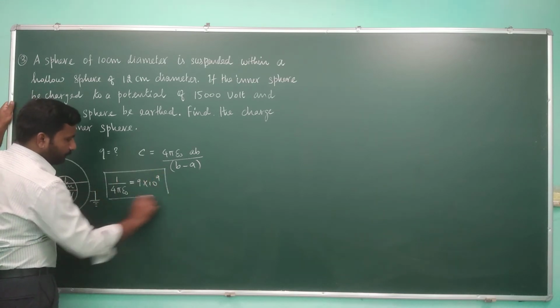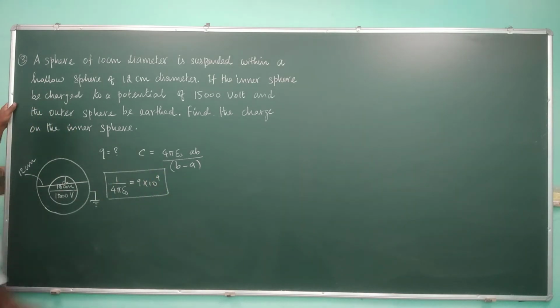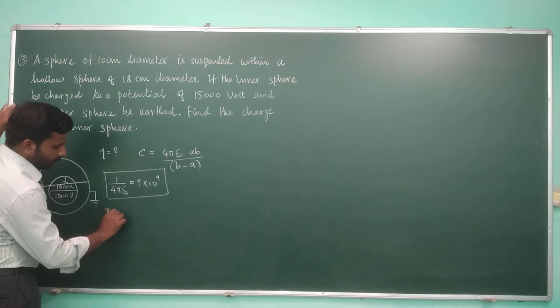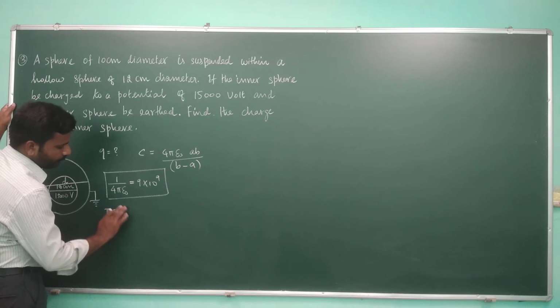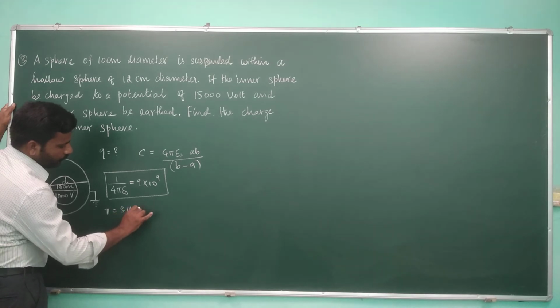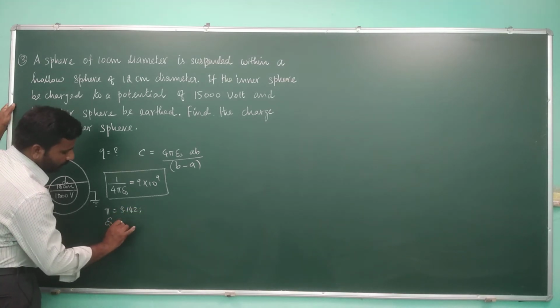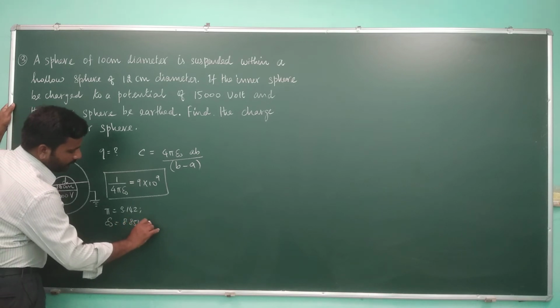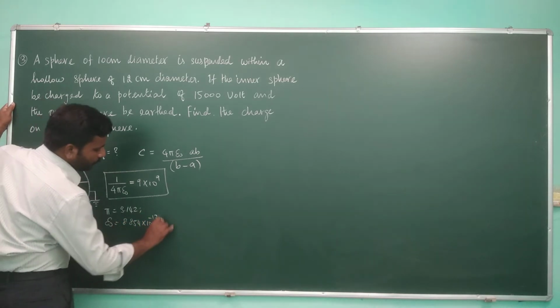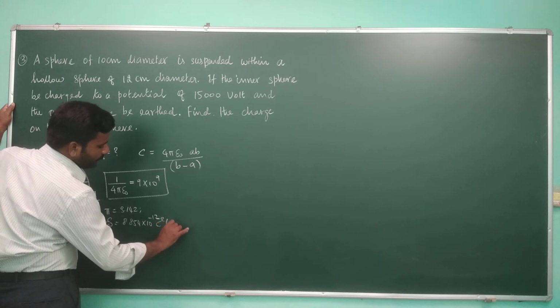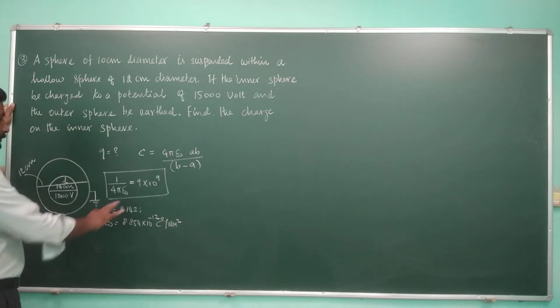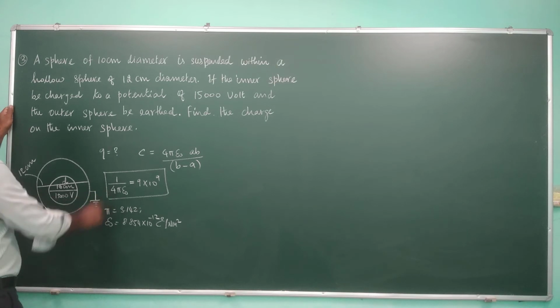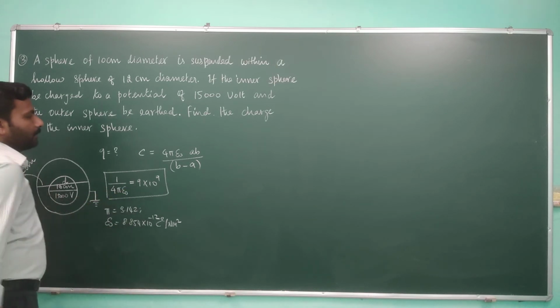If you substitute pi equal to 3.142, epsilon naught equal to 8.854 into 10 power minus 12 Coulomb square per Newton meter square in this equation, you will get 9 into 10 power 9.